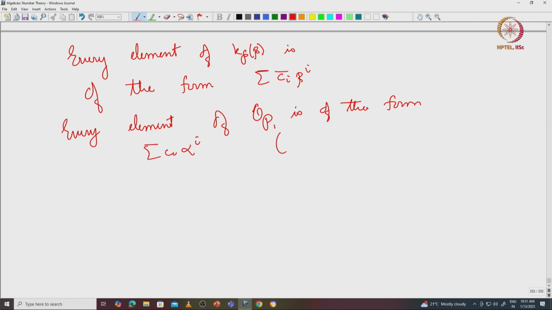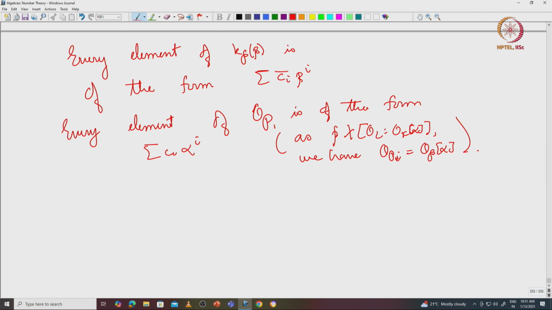Remember that as p does not divide the index [O_L : O_K[alpha]], we have that p O_{p_1}, or p O_{p_i}, any of them, is equal to O_p[alpha]. So, this is where we are using that the index is coprime to p.